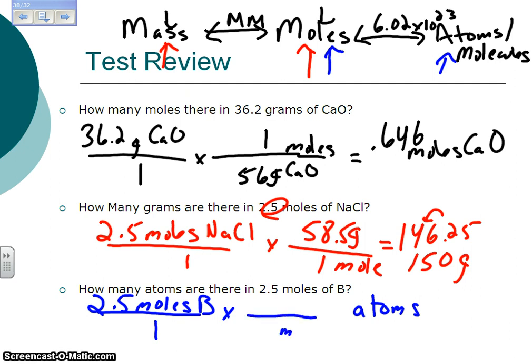Mole will be on the bottom. 1 always goes next to mole. Atoms is on top. We know that there's 6.02 times 10 to the 23rd atoms in 1 mole. If we multiply that out, we end up at 1.5 times 10 to the 24th atoms of boron.